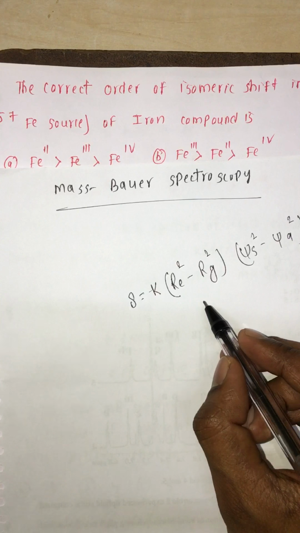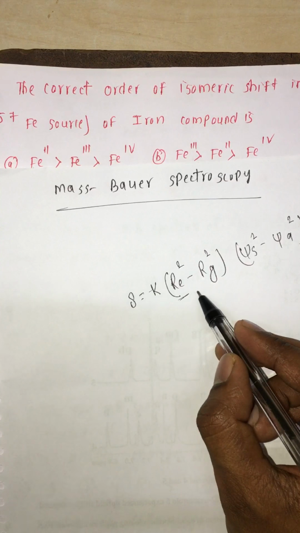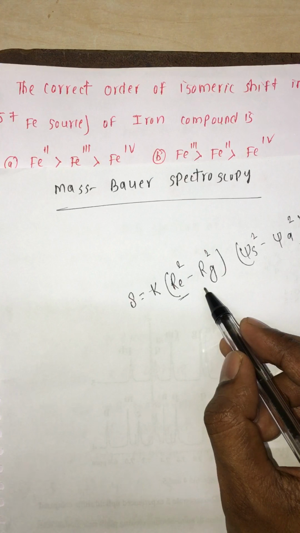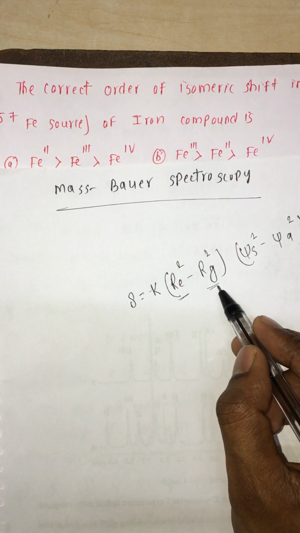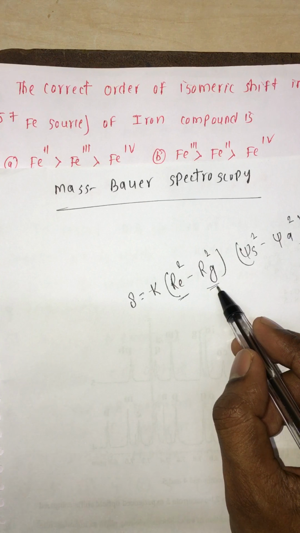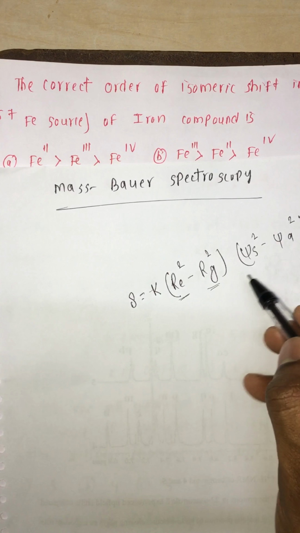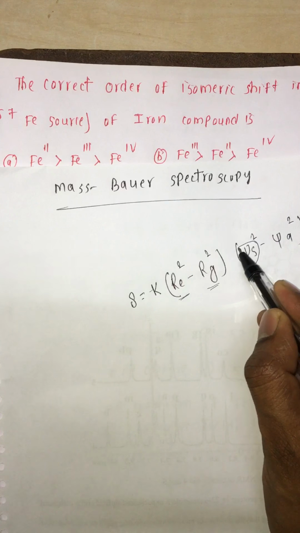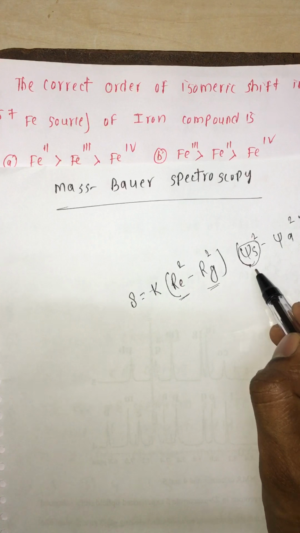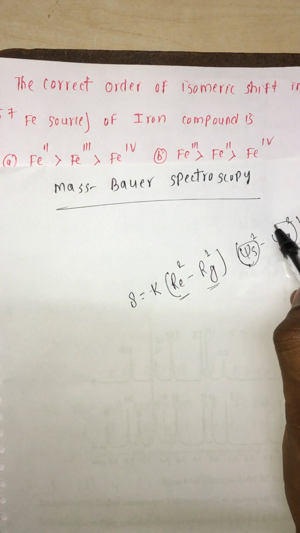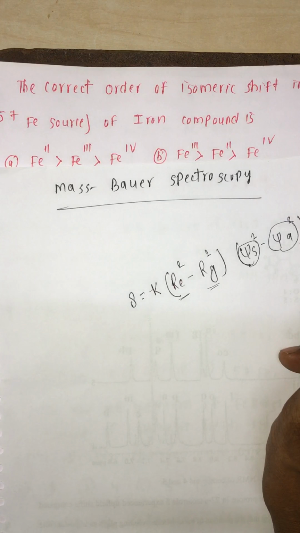Here Re means the radius of the excited state and Rg means the radius of the ground state. Next, psi s means electron density at the source and psi a is the electron density at the absorber.